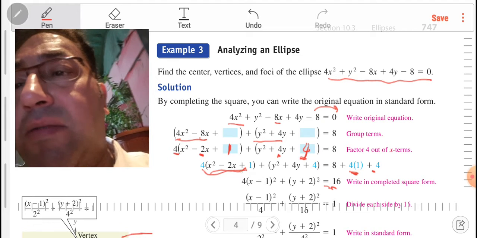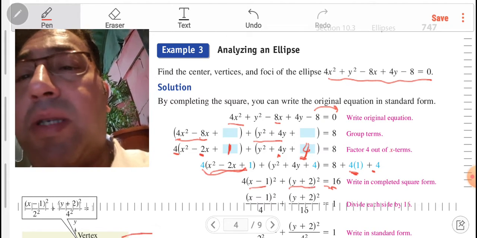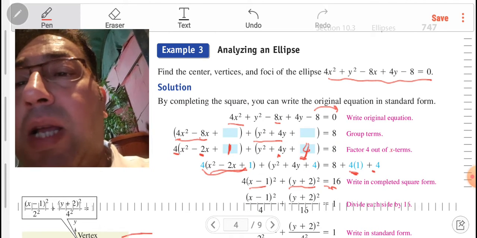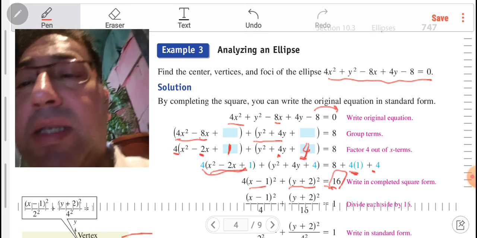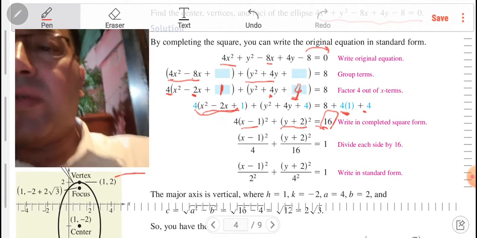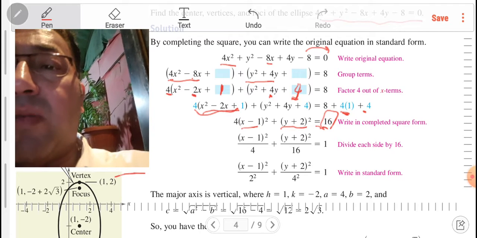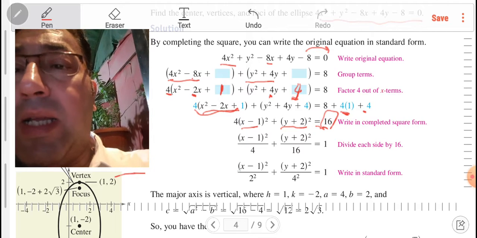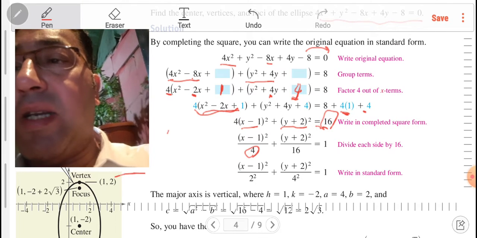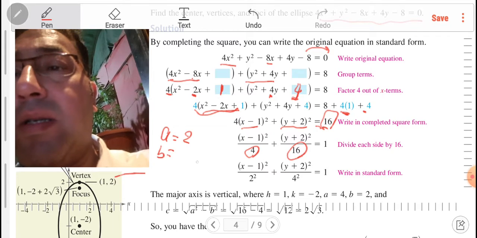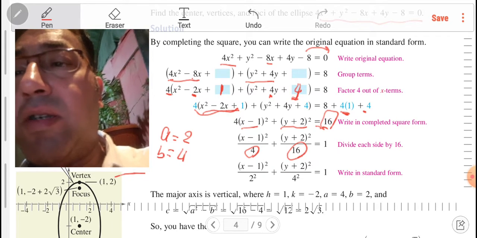Rewrite this: it's (x minus 1) squared. This becomes (y plus 2) all squared after factoring it. Divide all by 16, please. So it seems like (x minus 1) squared over 4 plus (y plus 2) squared over 16 equals 1. Again, don't forget that a becomes 2, b becomes 4. Right or wrong?